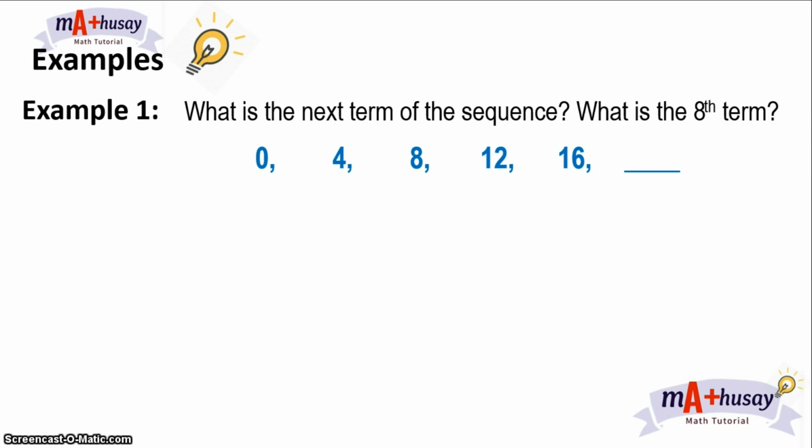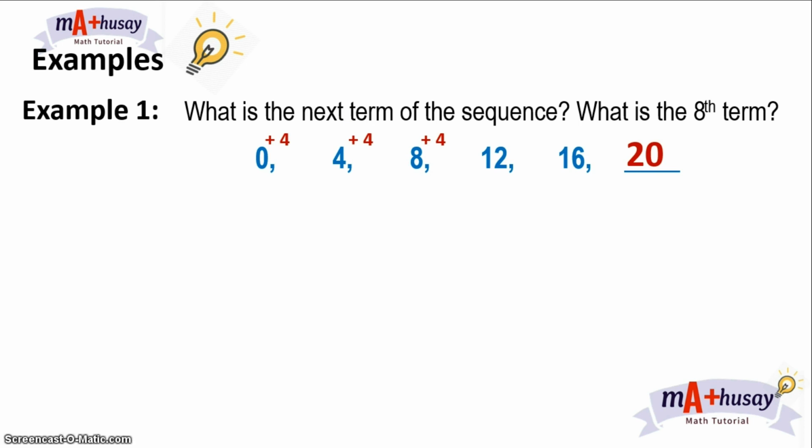So 0 plus 4, you get 4. 4 plus 4, you get 8. 8 plus 4, you get 12. And then 12 plus 4, you get 16. Then 16 plus 4, you will have 20. Right? So the next term is 20.